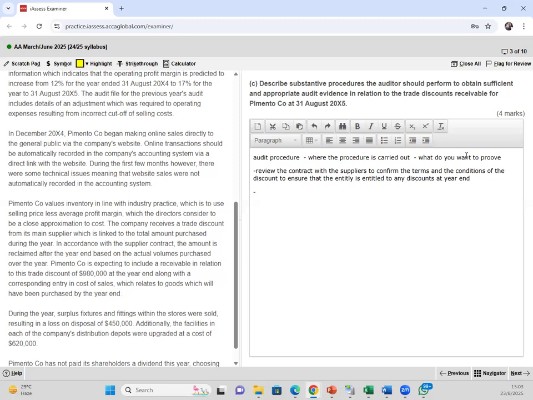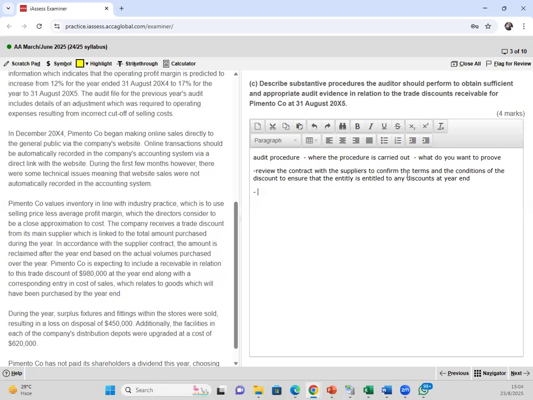We can say if there is an element of uncertainty involved, why not compare the amount of discounts? Let me read again for the last time. The company receives a trade discount from its main supplier, which is linked to the total amount purchased during the year. In accordance with the supplier's contract, the amount is reclaimed after the year end, based on the actual volumes purchased over the year.